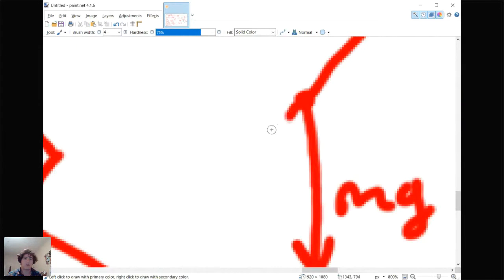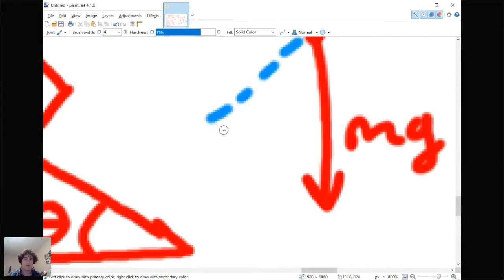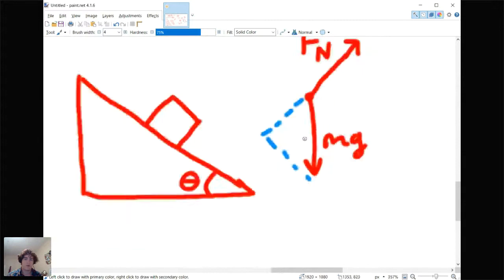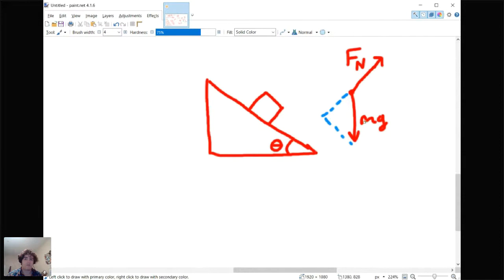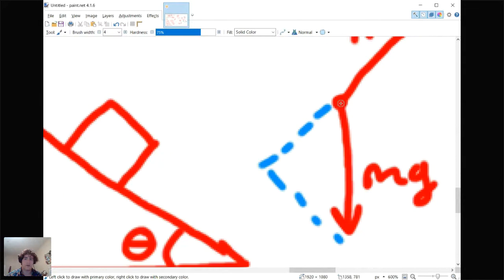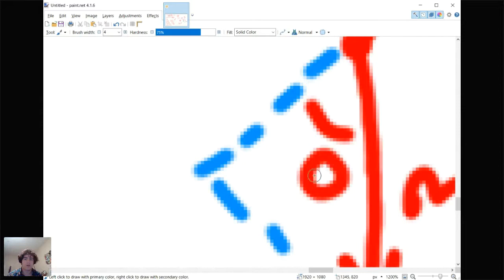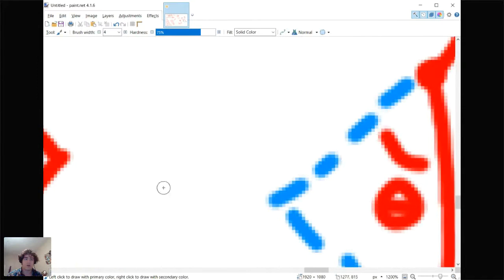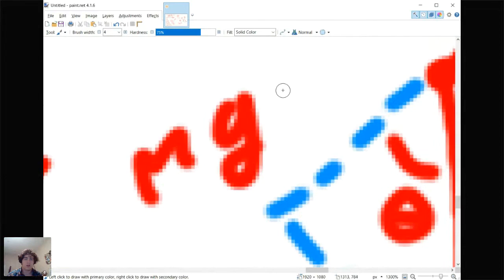If we draw out the components of this gravity vector, we think of something like this. This angle would be theta, so this would be mg cosine theta.